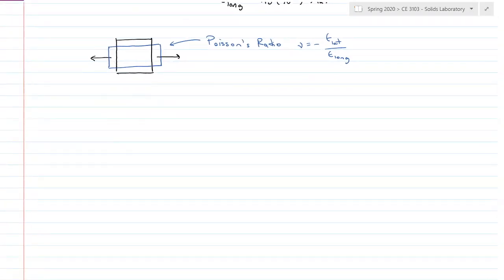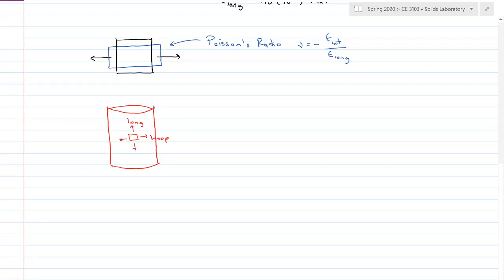So if I come up here and let's use red for my soda can. All right, here's my soda can. This is our element, which means this direction is the long and this direction is the hoop.